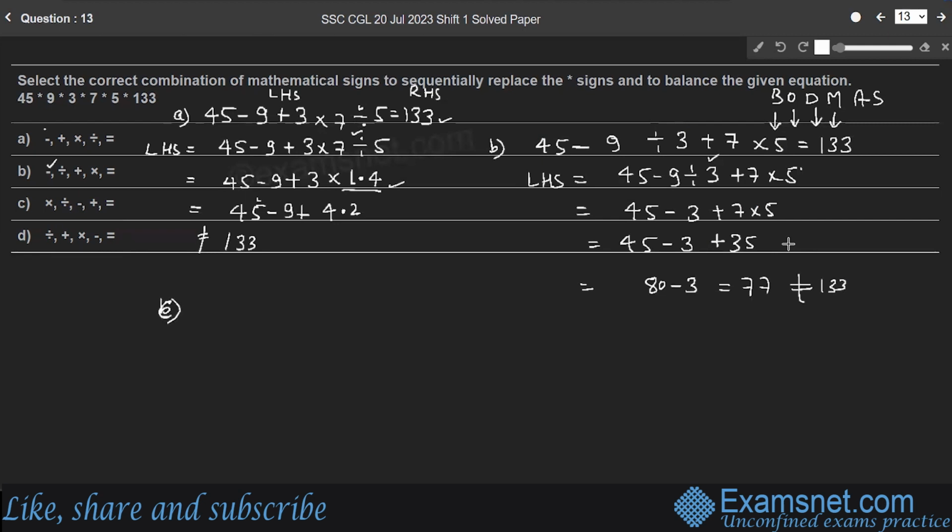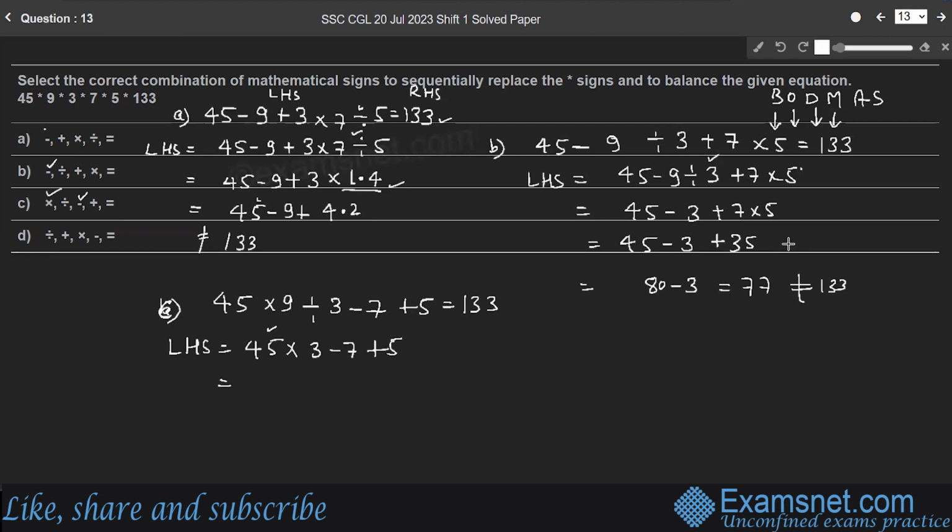Consider option C. According to it, 45 asterisk 9 becomes 45 into 9, the next sign is divided by 3, next minus 7 plus 5 is equal to 133. Apply the BODMAS rule for the LHS part. 9 by 3 is 3, so 45 into 3 minus 7 plus 5.